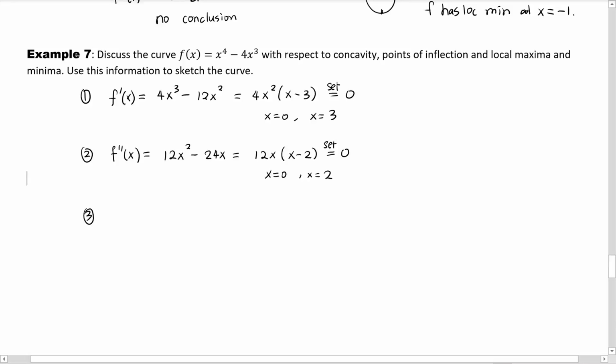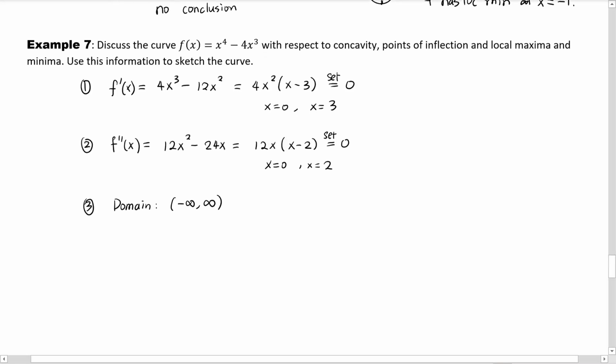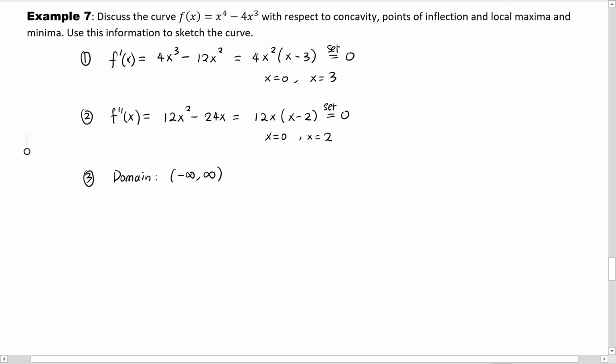The next step is to find the domain. Our domain is minus infinity to infinity. So we're going to draw the table or diagram. We draw the real number line because our domain is all real numbers, and then plot the important points, which are the critical points and the possible inflection points: 0, 2, and 3.